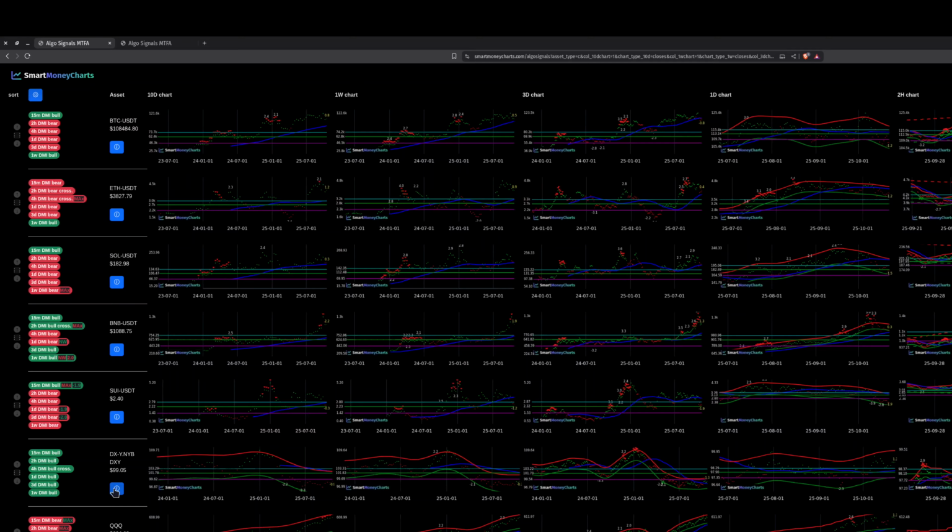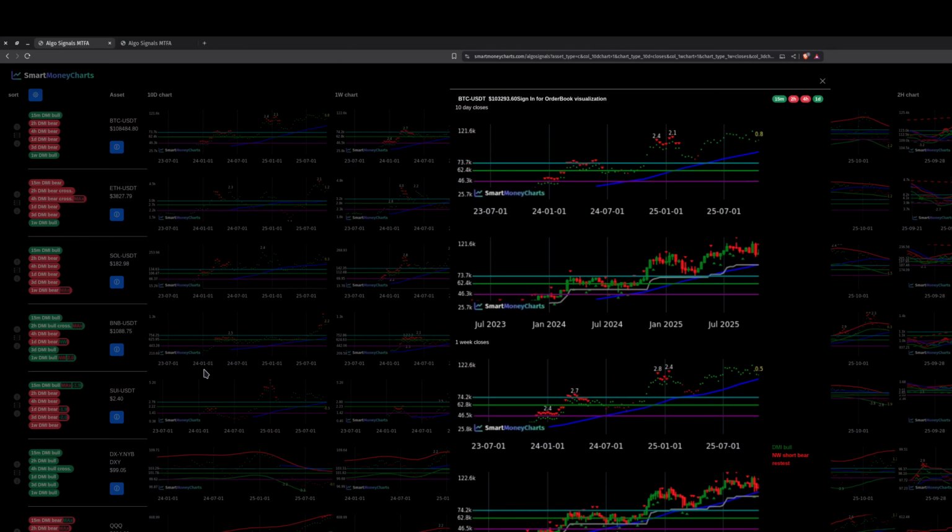And just to tease it, a particular thing, we'll look at Bitcoin. This is how it would look if you were on Bitcoin's multi-timeframe view on a portrait phone. You would be able to click that eye.